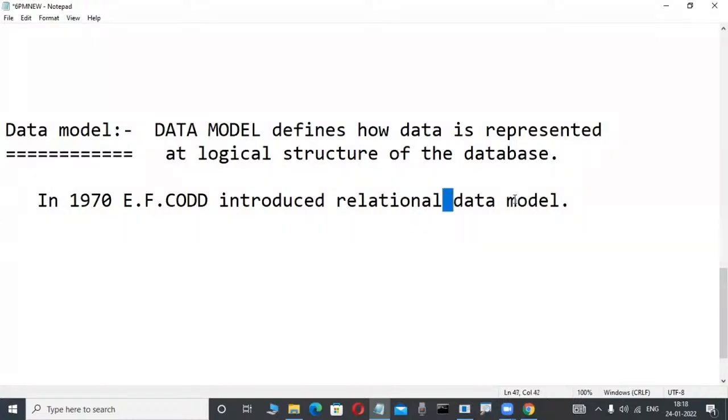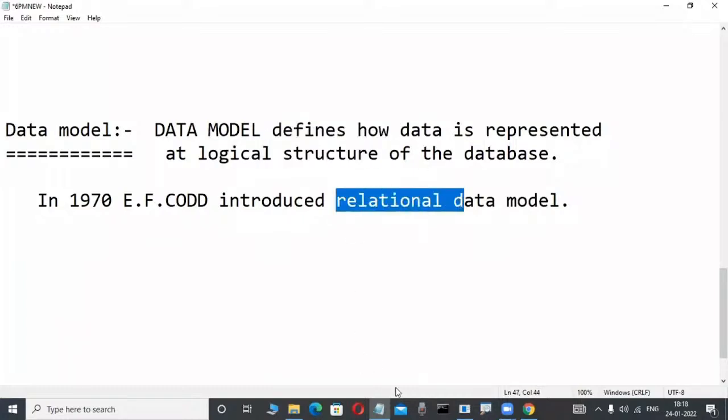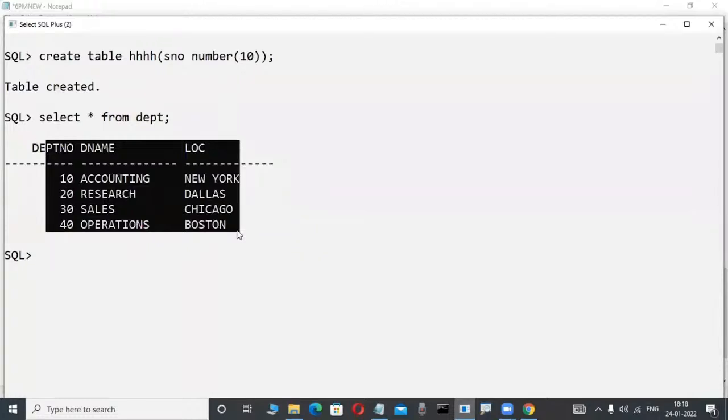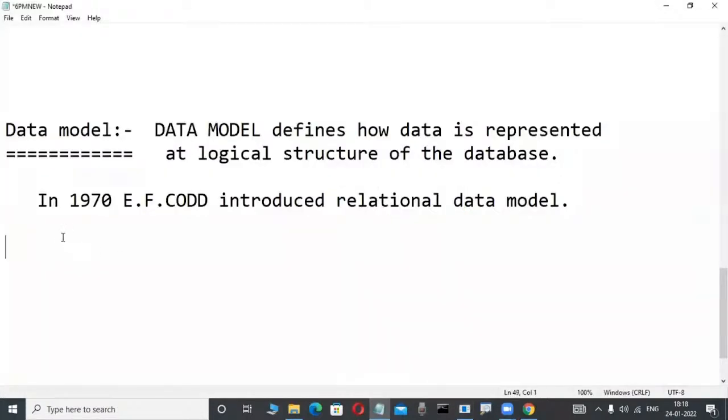Relational data model means what? How is data represented in a logical structure? This structure is not visible in the operating system. In this logical structure, data is represented in the format of rows and columns, which is nothing but two-dimensional tables.